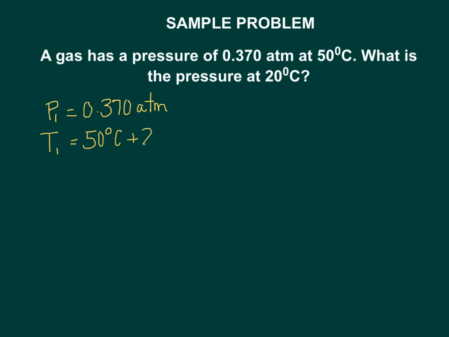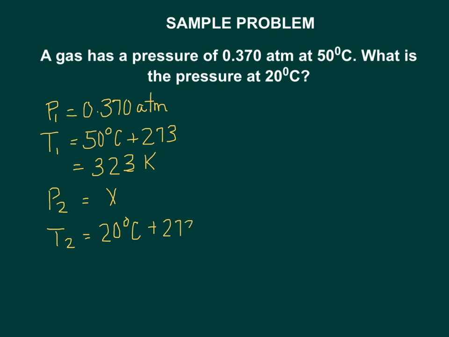Again, we have to add 273 to get a temperature in Kelvin. 50 plus 273 equals 323 Kelvin. P2 is our unknown. That's what we're looking for. T2 is 20 degrees Celsius. Again, plus 273 is going to give us 293 Kelvin.